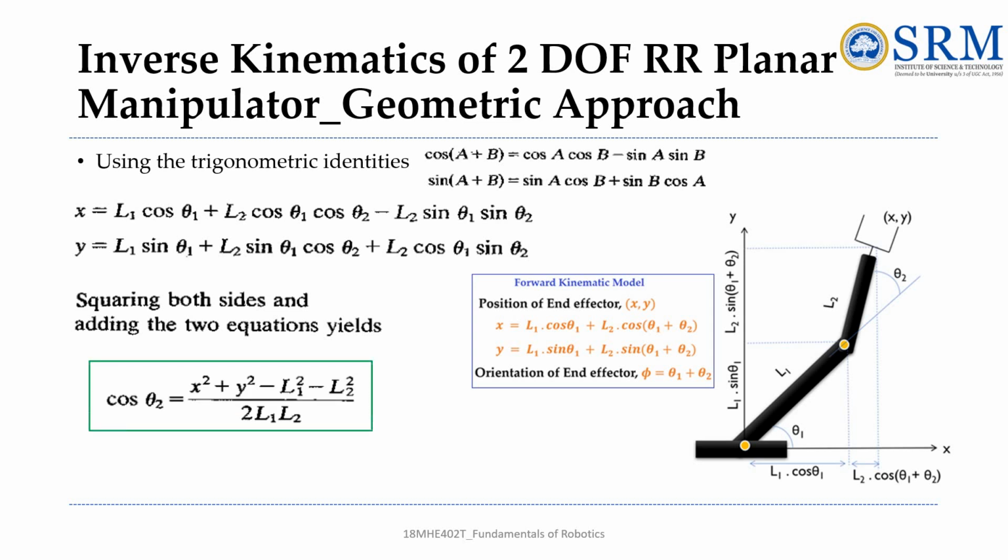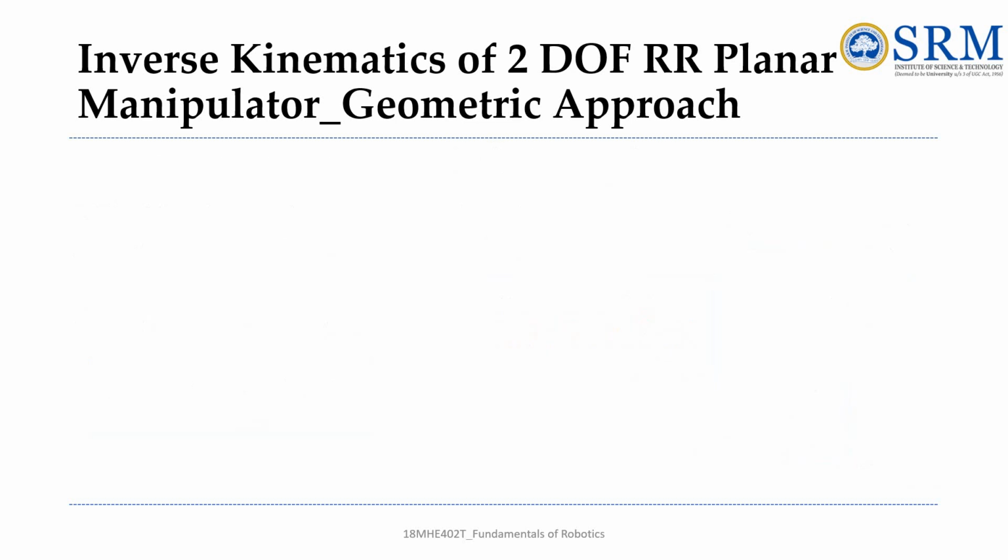You will get cos theta 2, which is similar to your cos q2. This is how the inverse kinematic model can be verified using the forward kinematic model by applying simple trigonometric identities.